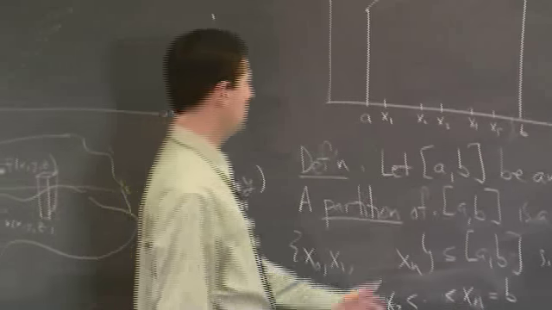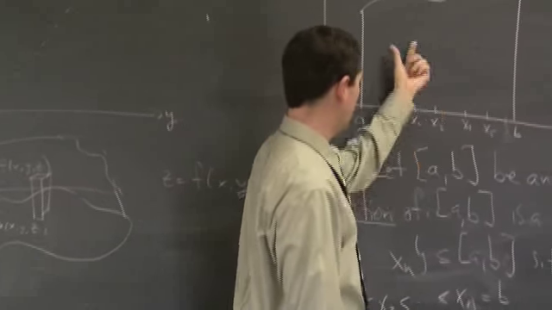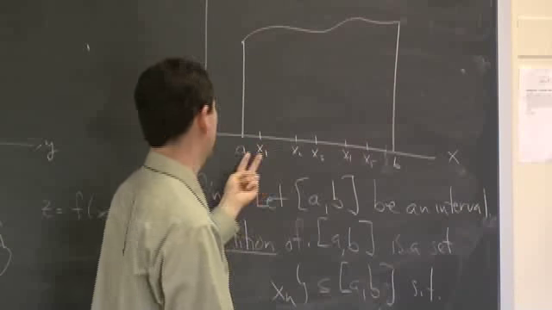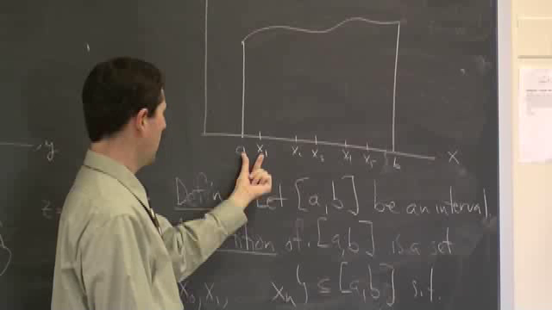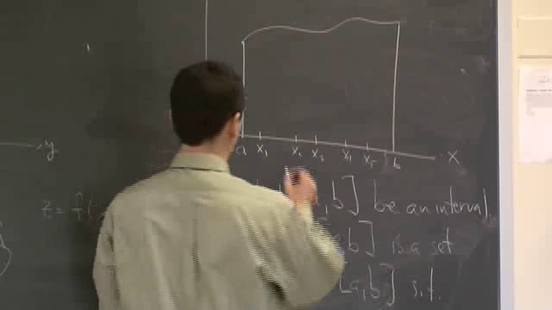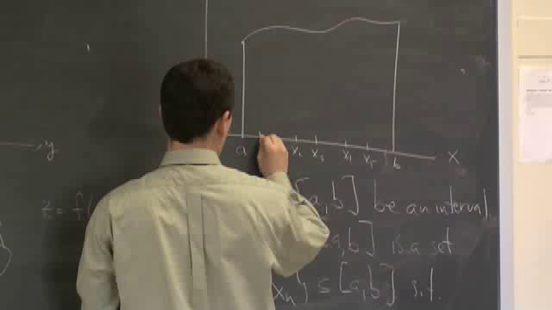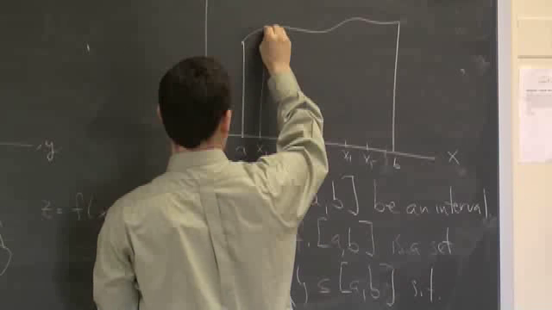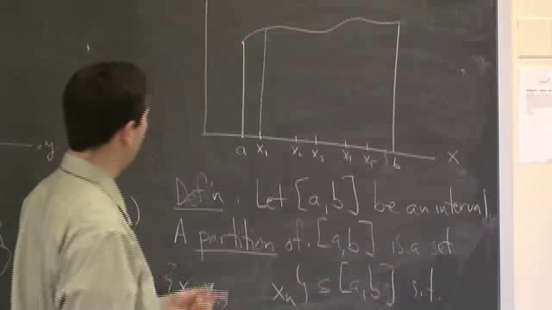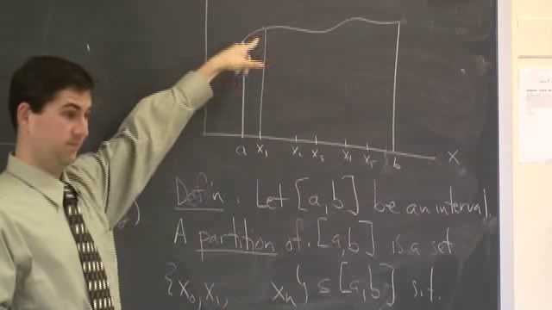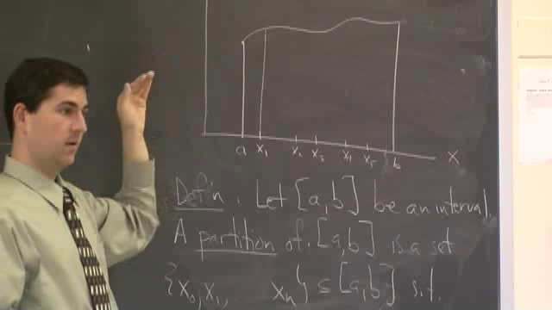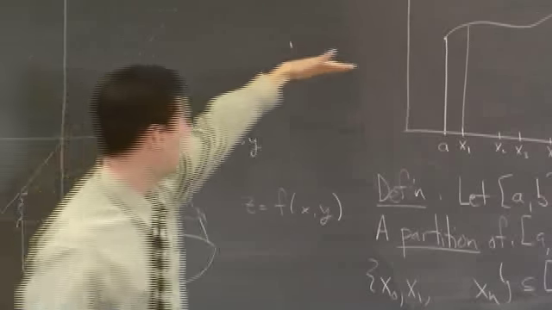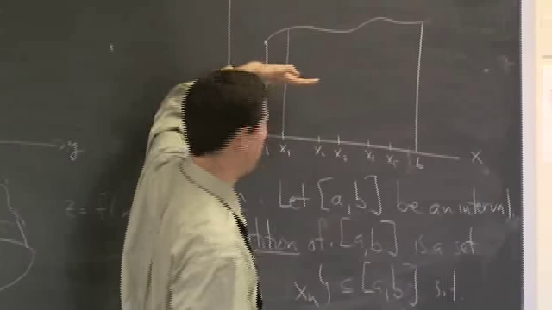Now my rectangles are going to go right in each of these partitions. So I could now draw up this line. And if I do so, I don't have a rectangle, because of this nice curve on top. So I now have to choose where I'm going to put the top of my rectangle.